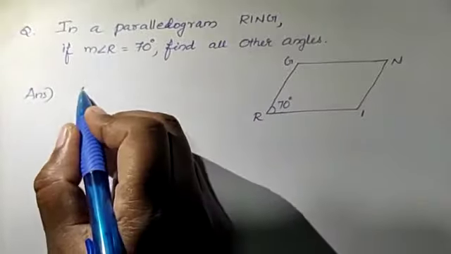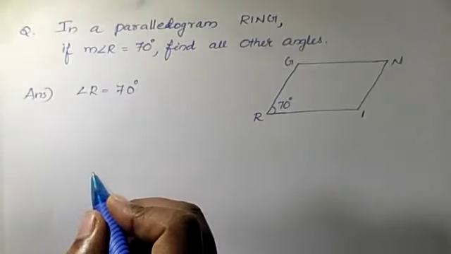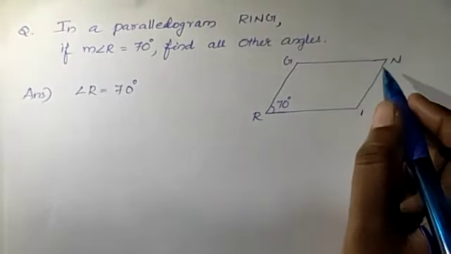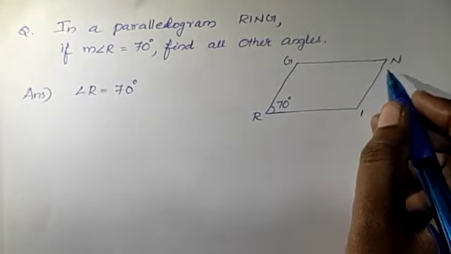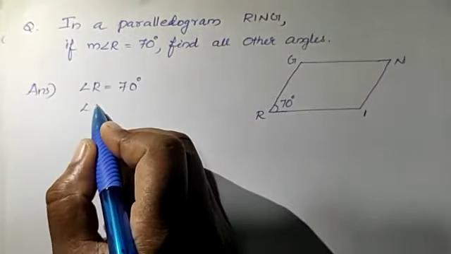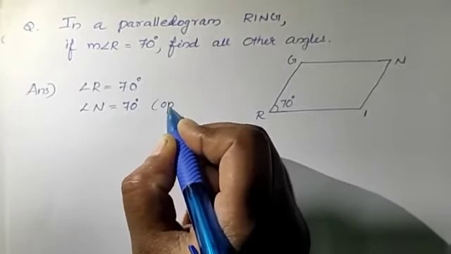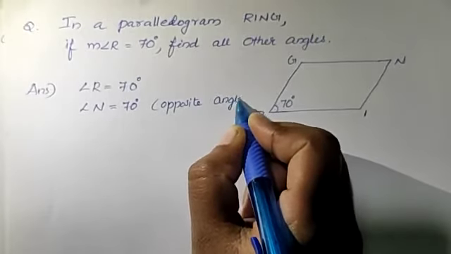And we know angle R is opposite to angle N. In a parallelogram, the opposite angles are equal. So we have angle N is equal to 70 degrees because opposite angles are equal.